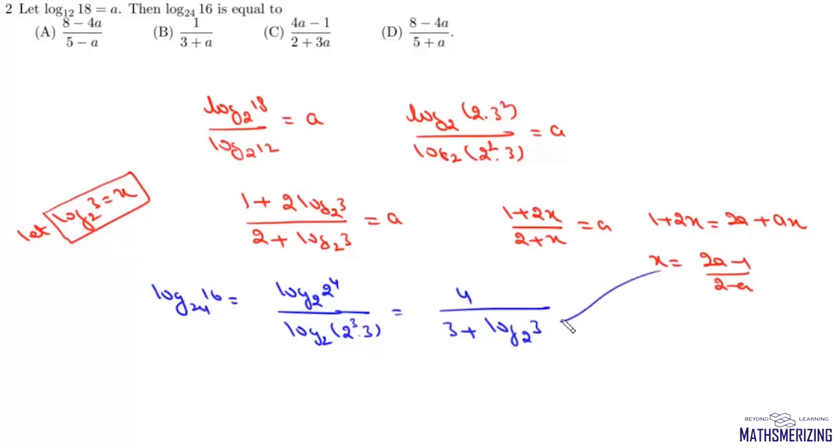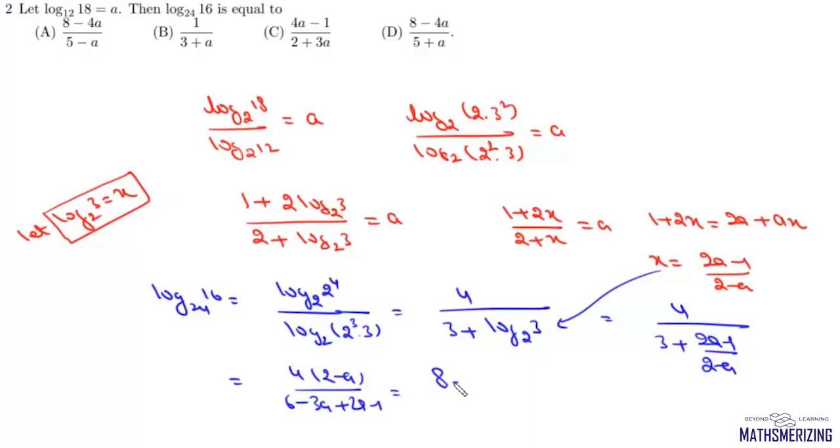So here we'll put the value of x. So we'll write this as 4 upon 3 plus 2a minus 1 upon 2 minus a. So we'll get 4 into 2 minus a upon 6 minus 3a plus 2a minus 1. So we'll get this as 8 minus 4a upon 5 minus a, and that's your option A.